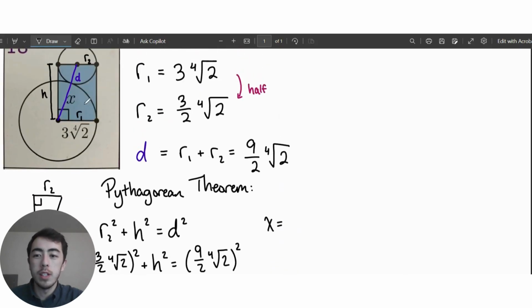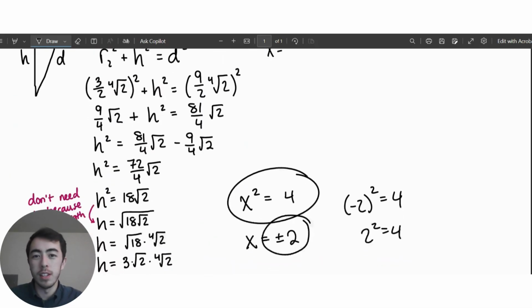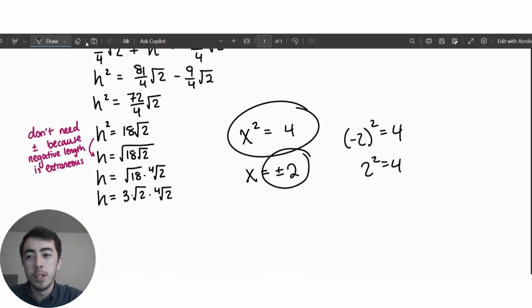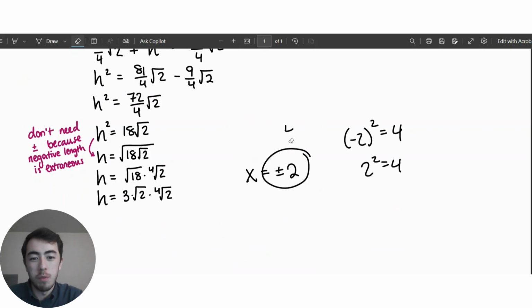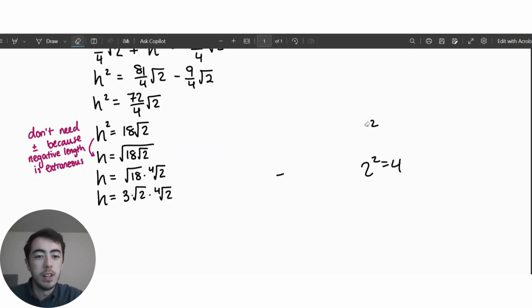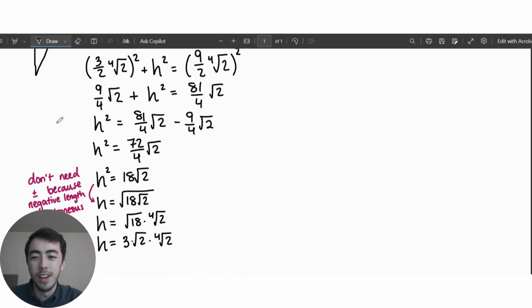But since I'm working in a geometry problem, this distance is going to be positive. I can throw out the negative potential answer because distances are always positive, unless you're in a physics class and the direction matters, but it's not physics here. And I know that this distance, I can just call it positive.